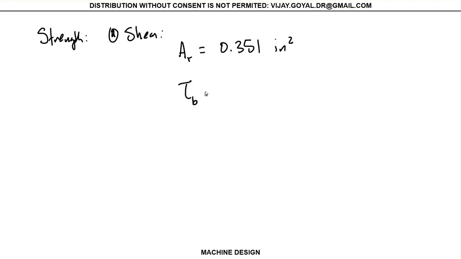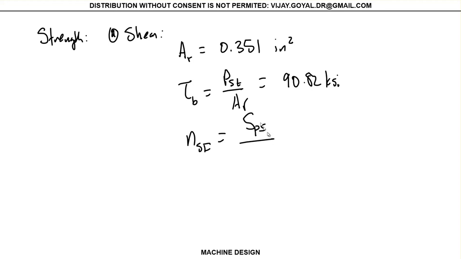So in that case, I use the other equation, and I get a value of 90.82 KSI. You can find your factor of safety here. This will be PS in shear over tau B. That gives you 0.54. This is less than 1. It cannot resist shear capability.